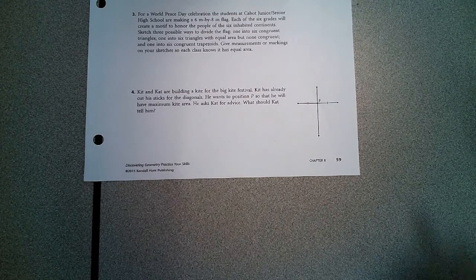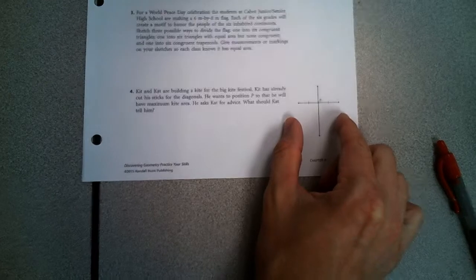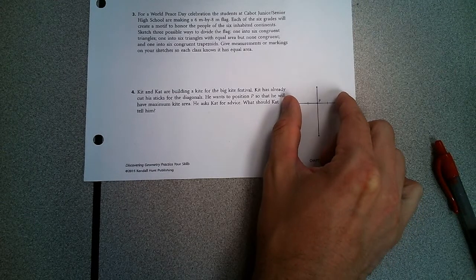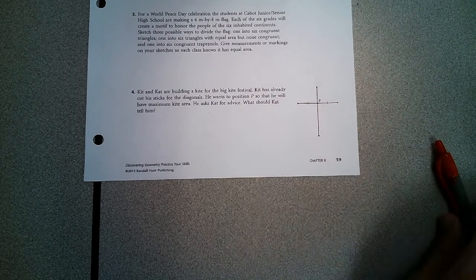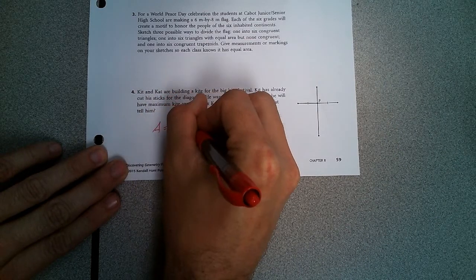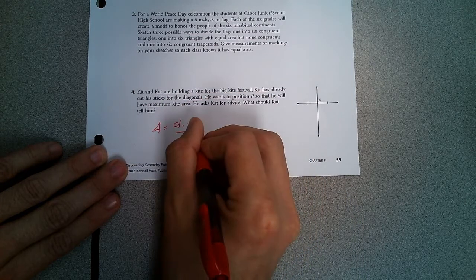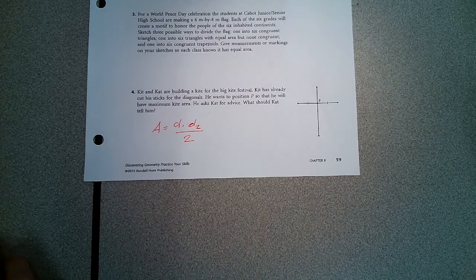Well, when you look at this one, you think, well, if I move this diagonal up and down, maybe that will adjust the area. But what do we know about the kite's area formula? It's diagonal 1 times diagonal 2 divided by 2.